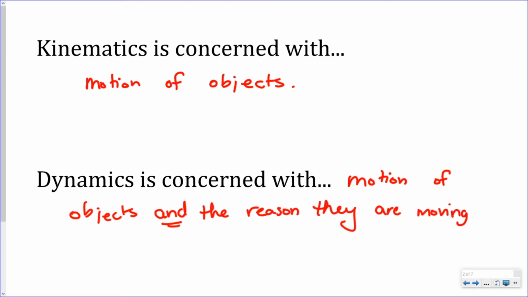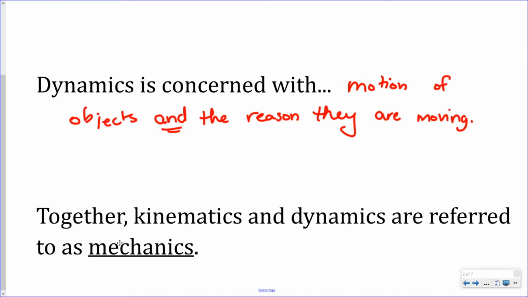So instead of just saying they are moving now and doing calculations, we're going to look at saying they are moving and why are they moving. Together, if we put kinematics and dynamics, we get something referred to as mechanics. So when we talk about mechanics, we're talking about kinematics and dynamics together.